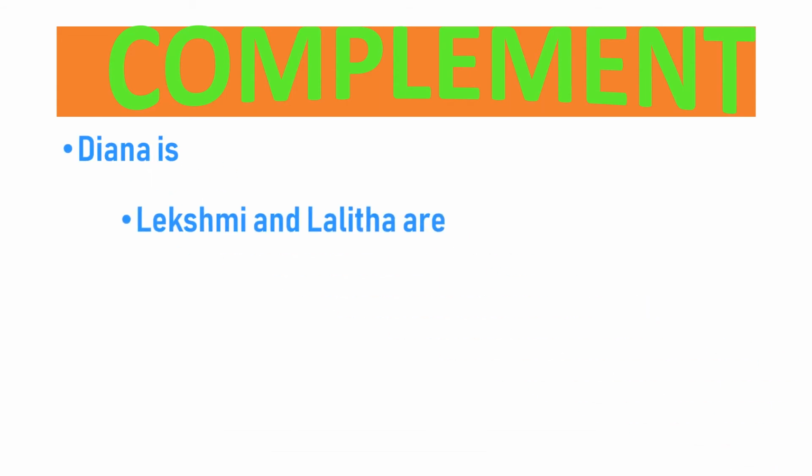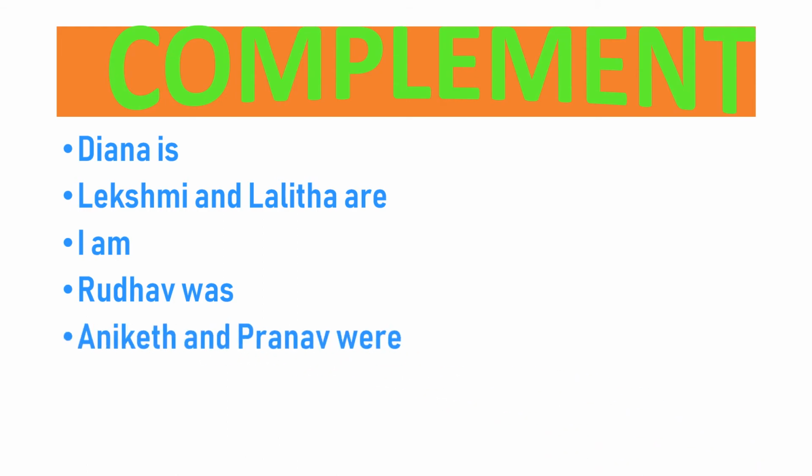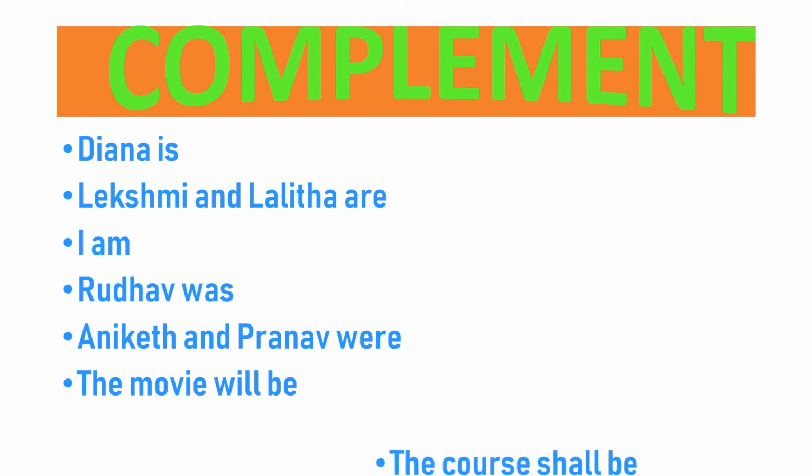What is a complement? In order to understand what a complement is, let's look into a few more sentences. Diana is. Lakshmi and Lalita are. I am. Rutha was. Aniket and Pranav were. The movie will be.